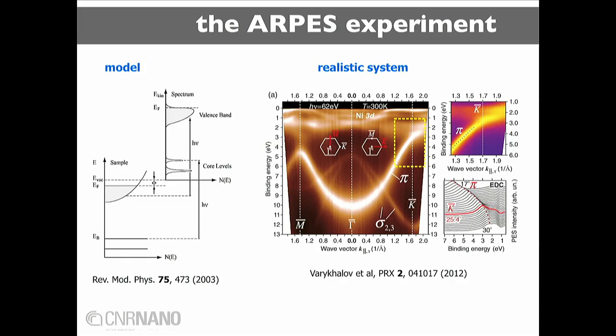Also importantly, this is just a side remark about the experiment. While we think that we are actually able to compute electronic structure for any system we have in mind, experimentally, the fact that we are getting an electron out of the system means that we have to take care of charge neutrality.